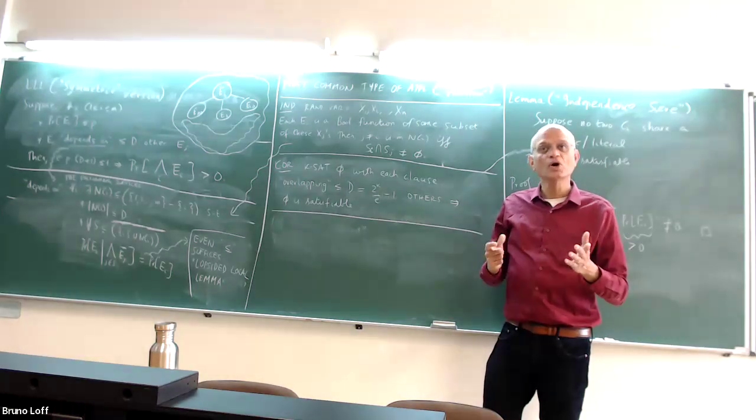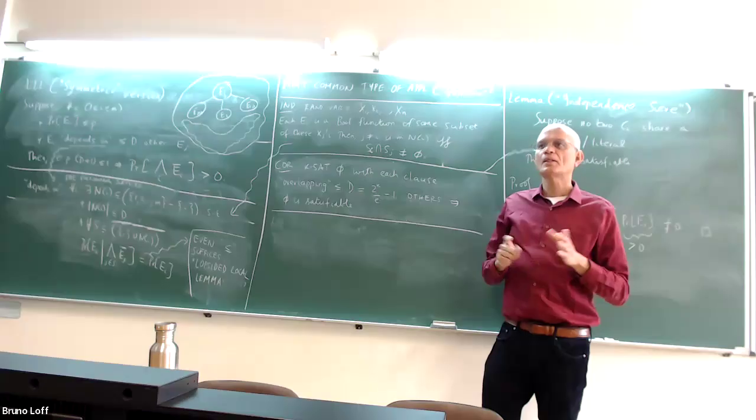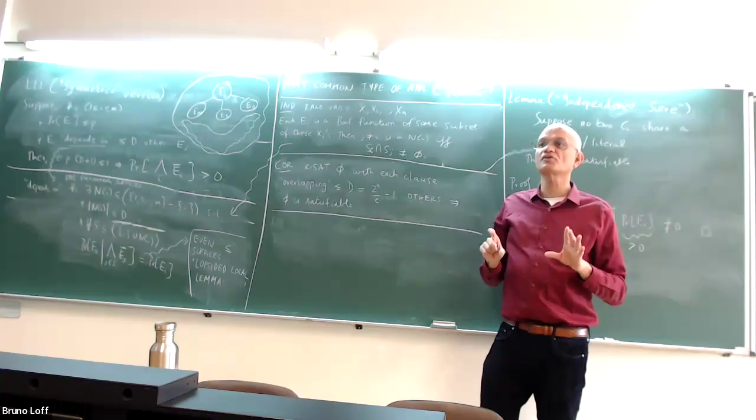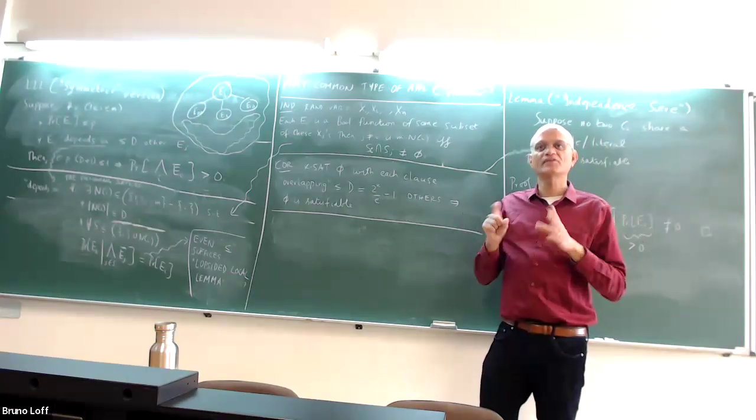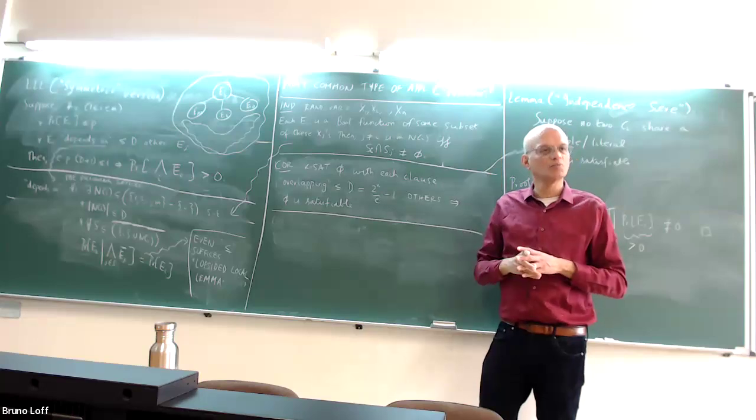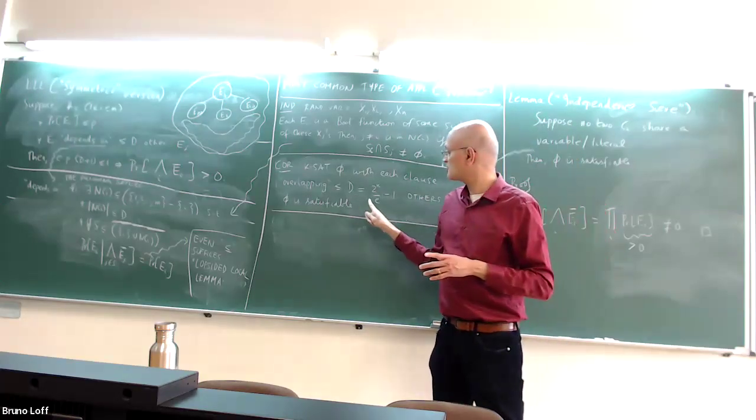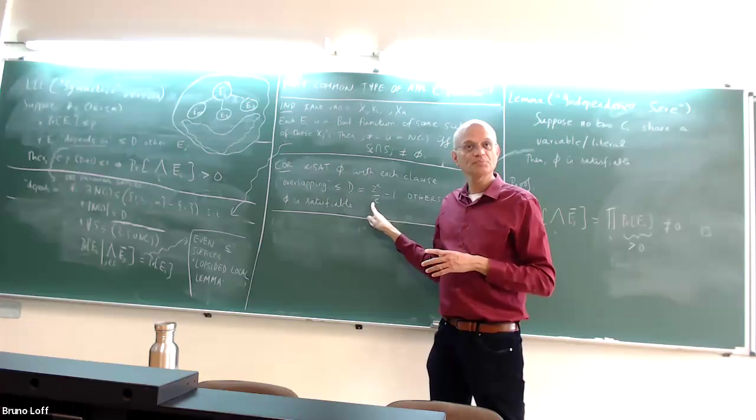Therefore, one can roughly imagine that the worst cases are when the formula phi is balanced, so to speak, when every xi appears roughly the same both ways. That will help you save a factor of 2, roughly.